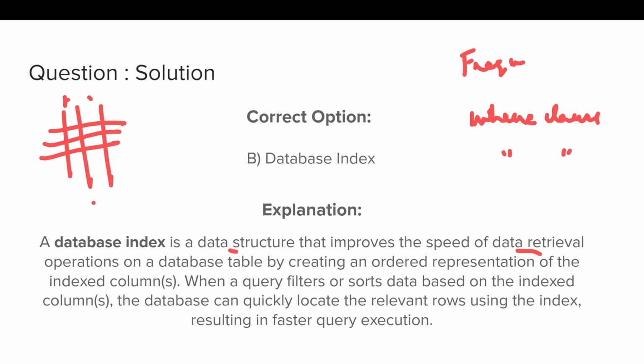So it helps us in faster retrieval. When a query filters or sorts the data based on that particular indexed column, database can quickly locate the relevant rows. And that is speeding up the query execution, thus optimizing the database performance also. So that is why a database index is used.